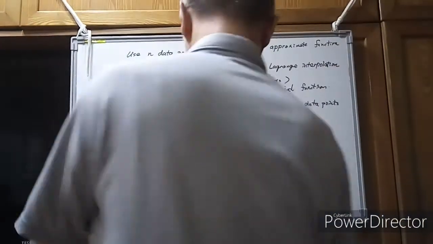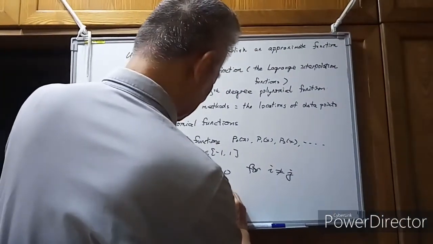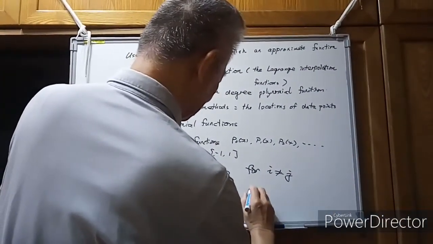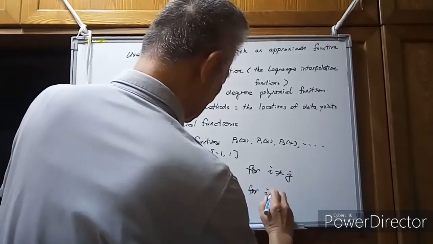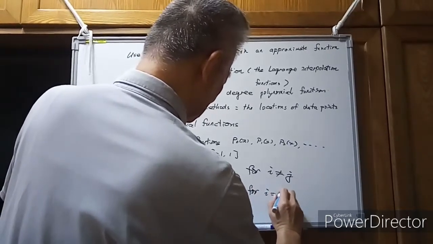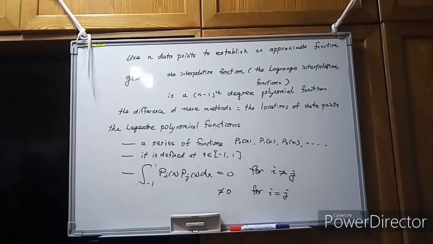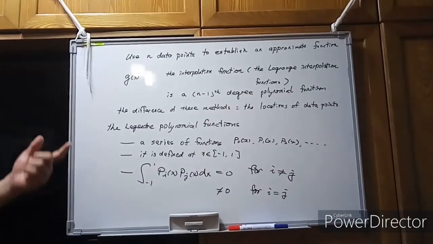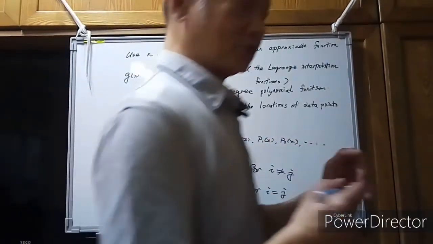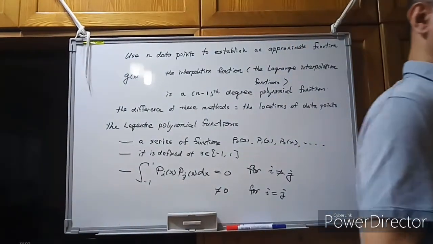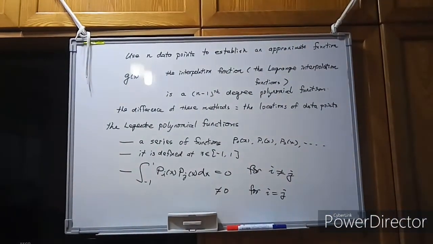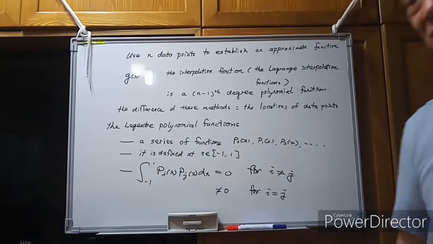And if i is equal to j, then it is not zero. That's one important characteristic you need to remember. For different Legendre polynomial functions, you get different results.